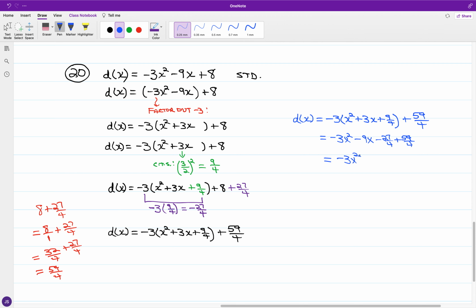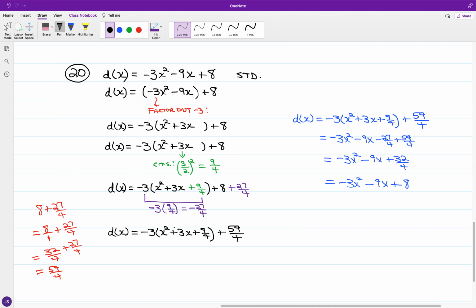So we have negative 3x squared minus 9x, and negative 27 plus 59 is going to be 32 over 4. And so we're back to where we started from: negative 3x squared minus 9x plus 8. So this is, for the lack of a better term, a bit of a reverse engineering approach to make sure that we're on the right track.